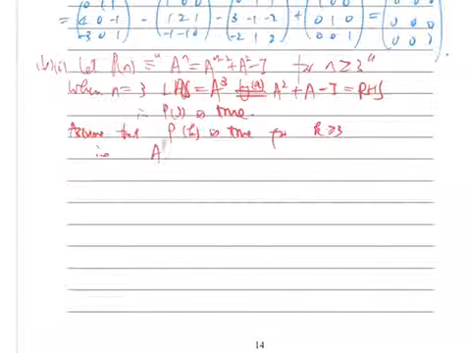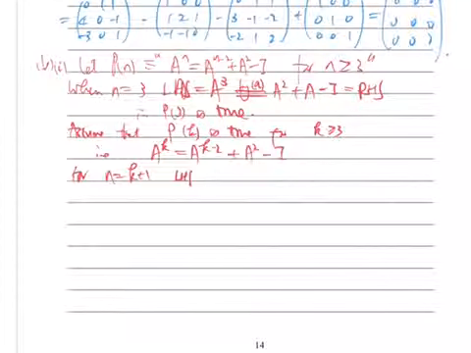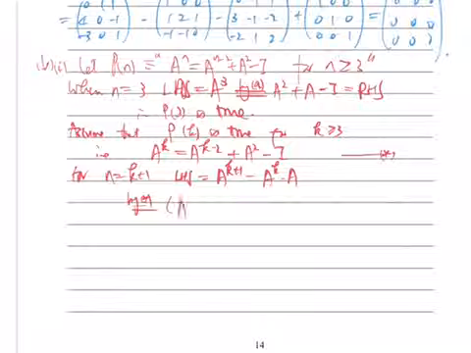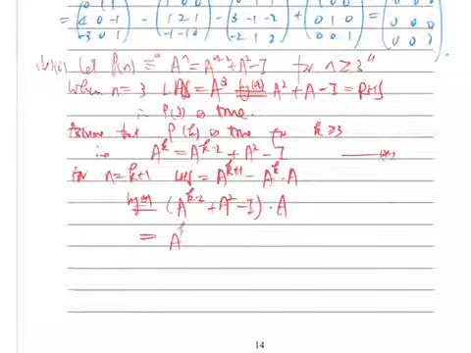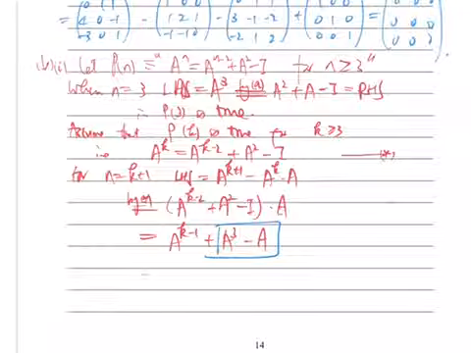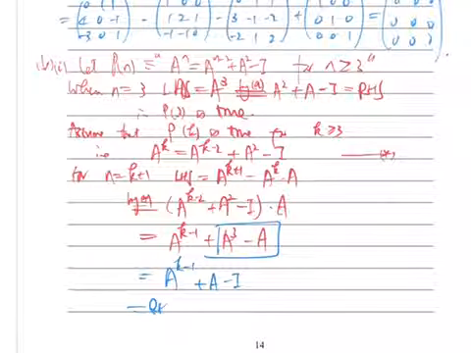That is, A to the power k is A to the power k minus 2 plus A squared minus I. So for n equals k plus 1, the left hand side is A to the power k plus 1, that is A to the power k times A. By the induction hypothesis, it is A to the power k minus 2 plus A squared minus I, times A. So after simplifying, it is A to the power k minus 1 plus A cubed minus A. And then by part A, A cubed minus A is A squared minus I. So it is exactly the same as the right hand side.